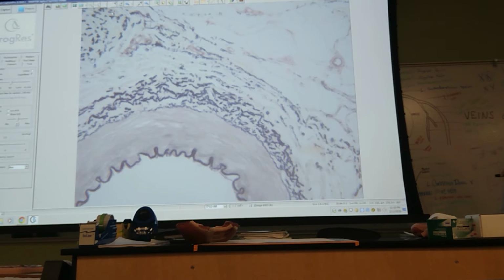And so a large vessel such as this actually has little vessels that go to it. They're called, as your handout shows you, vasa vasorum, vessels of the vessels. Tiny little tubes that help to bring oxygen, nutrients, etc., to the cells of the wall.